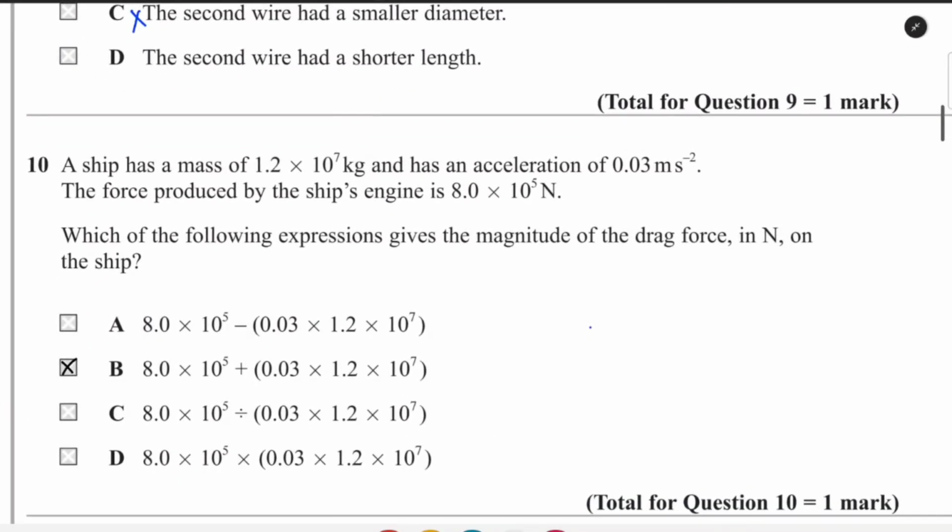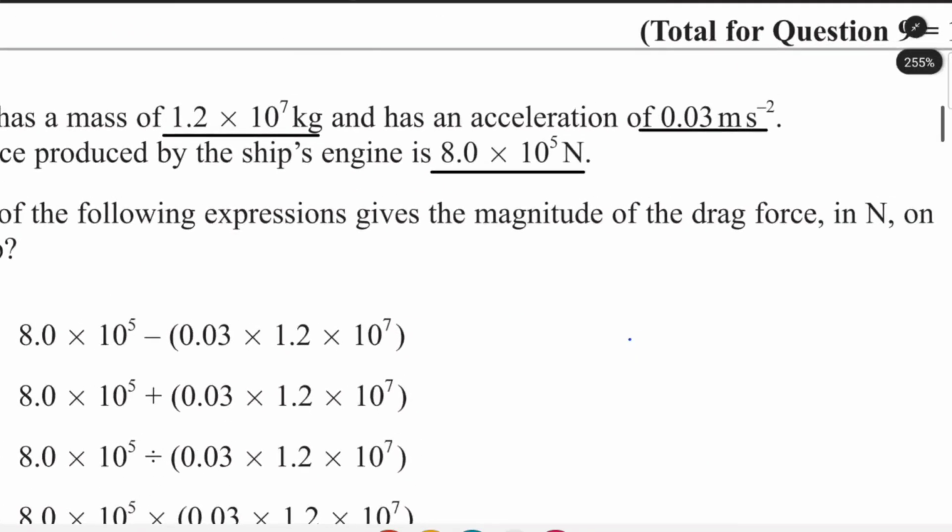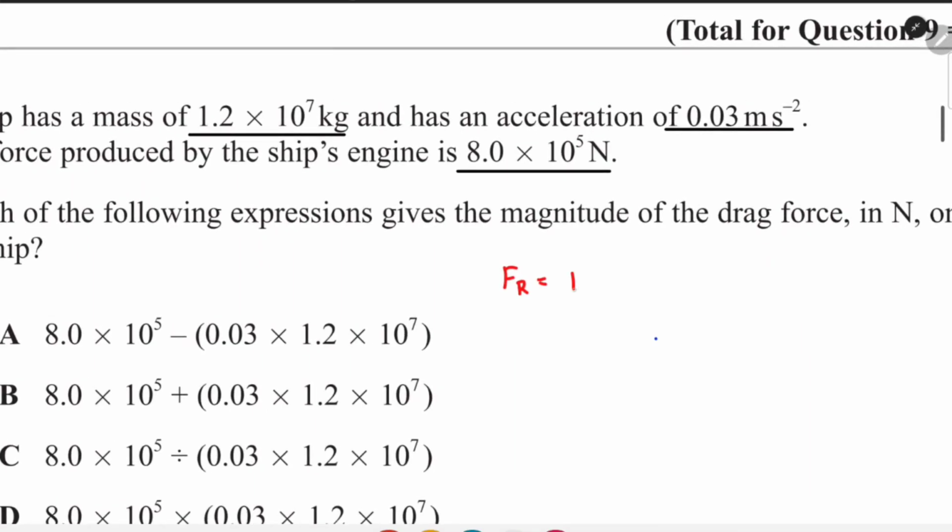Now in question 10, we are given a ship of this mass and this acceleration, and we are told that the force produced by the engine is this value over here. Now we need to find the magnitude of the drag force. So the resultant force Fr is given by mass into acceleration. So we have 1.2 into 10 to the power 7 multiplied by 0.03.